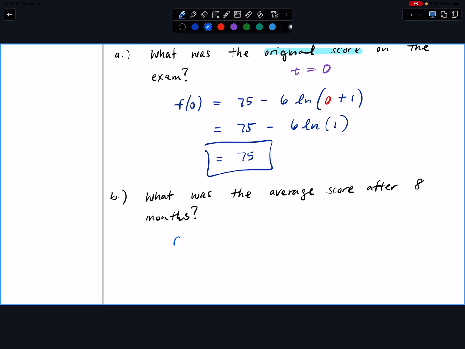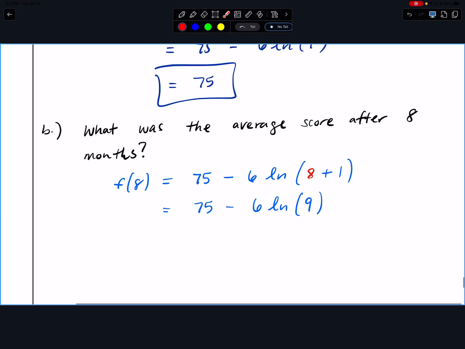So f of 8 is going to be equal to 75 minus 6 times the ln of 8 plus 1, which is 75 minus 6 ln of 9. This is ugly, so you do have to use your calculator for this one. It's going to give us a decimal. Go ahead and round to just one place. 61.8.